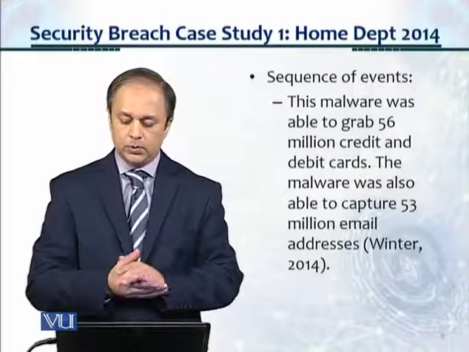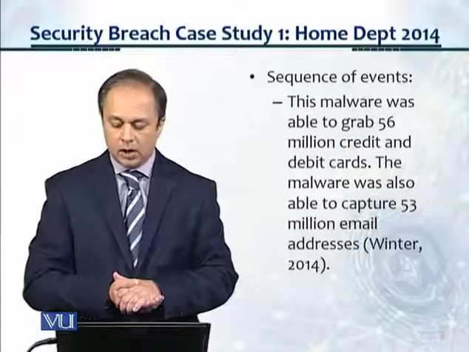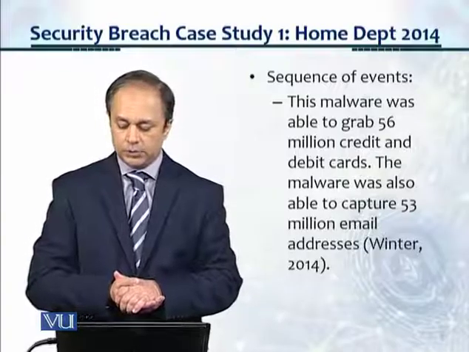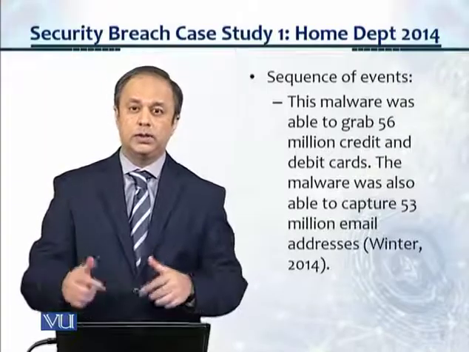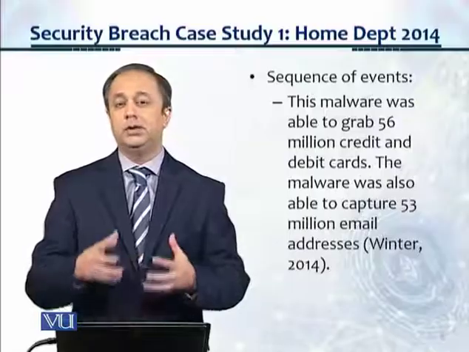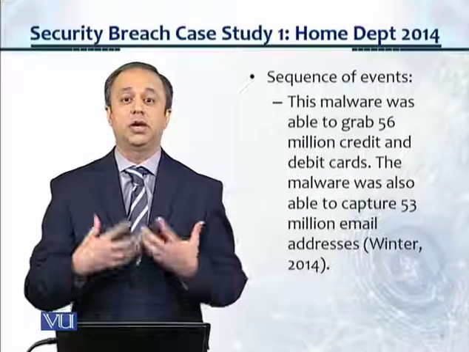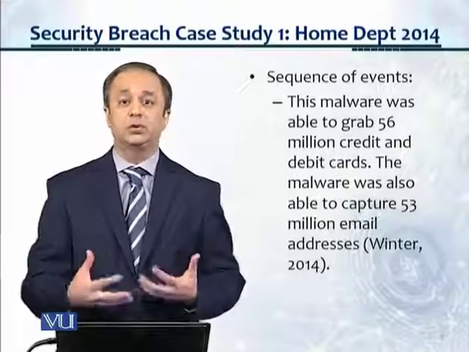Now, this malware was able to grab 56 million credit and debit cards. The malware was also able to capture 53 million email addresses. So in order to gather and capture such a large amount of information, you can imagine that the malware was actually running in the Home Depot network for quite some time, maybe a few weeks or even months.